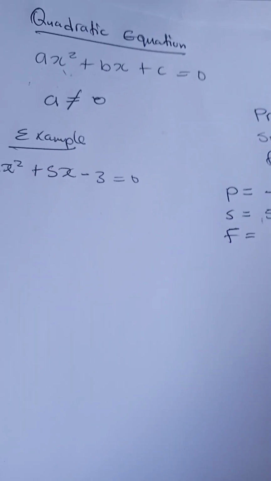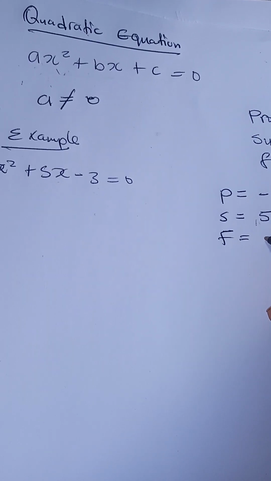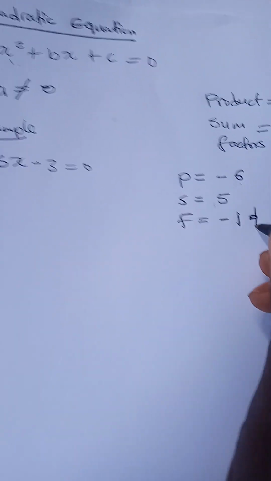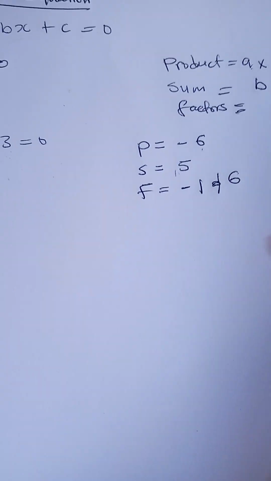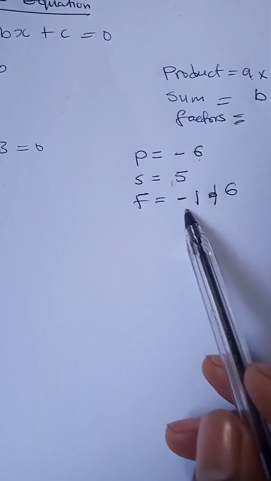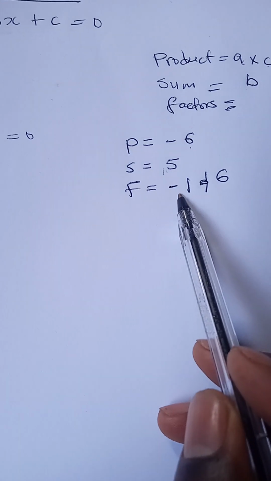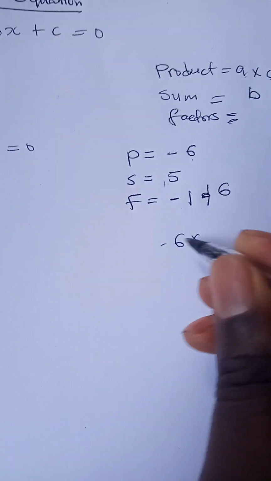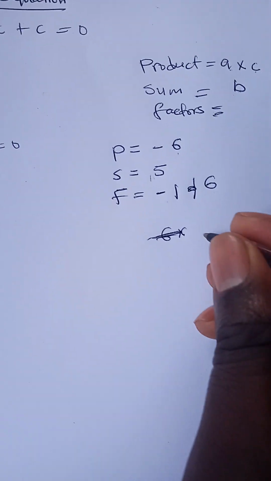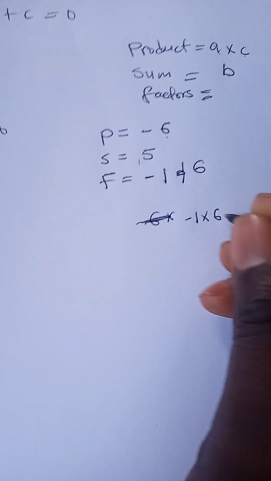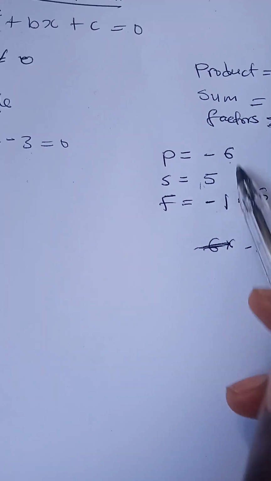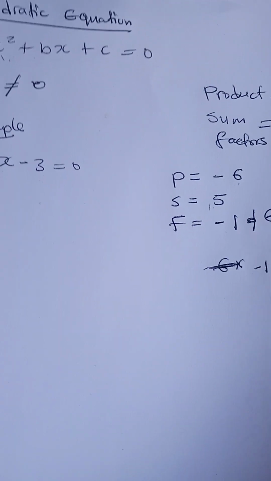So if you take negative 1 and positive 6, when we multiply these, negative 1 times 6, this is giving us negative 6. That is our product there. Let us try to add these.